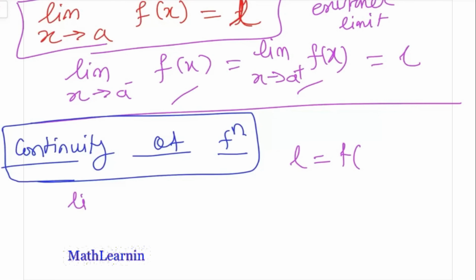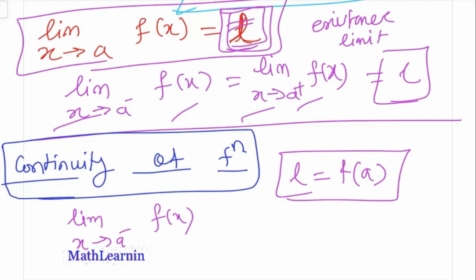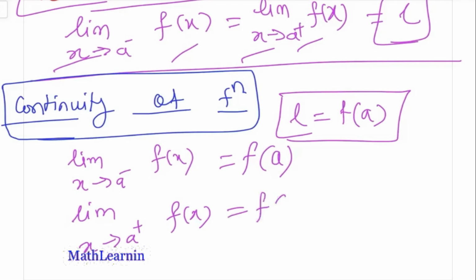Here is the important part: f of a. For existence of limit you can have any value L, it should just exist. The left hand and right hand side limits must exist and be equal. That is the only requirement. But for continuity, the limit x coming from left of a and the limit coming from right of a both exist and must be equal to f of a.